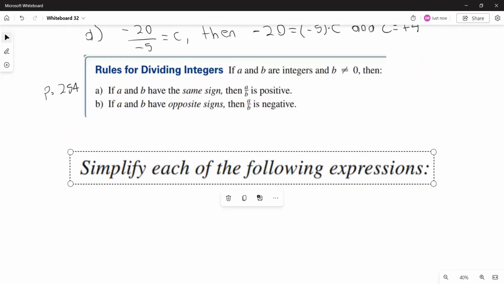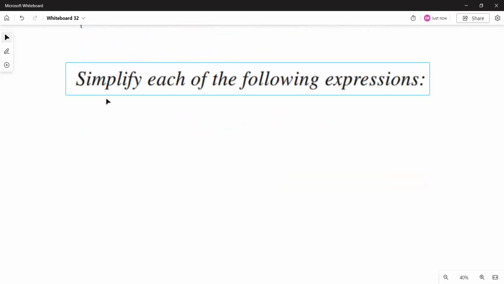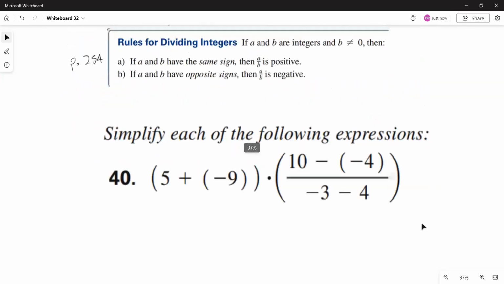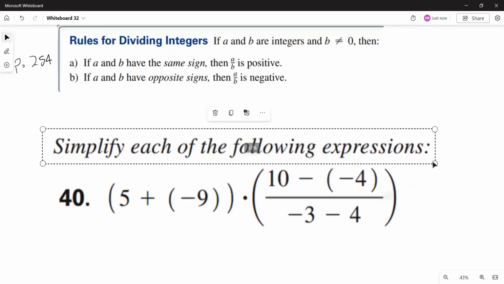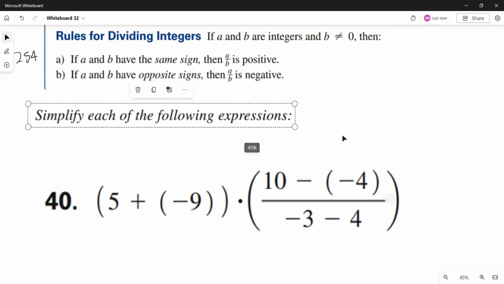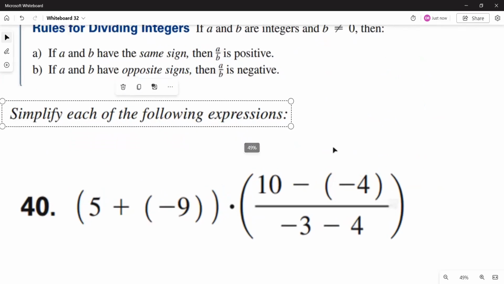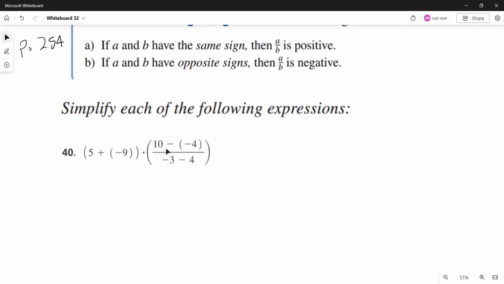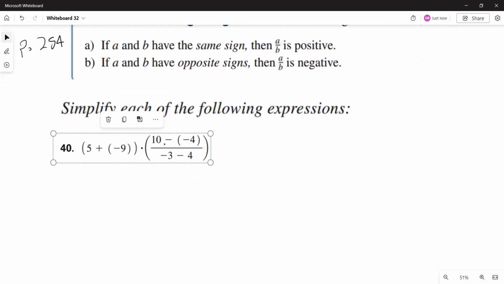Let's start with number 40. Okay, so that's on page 255.